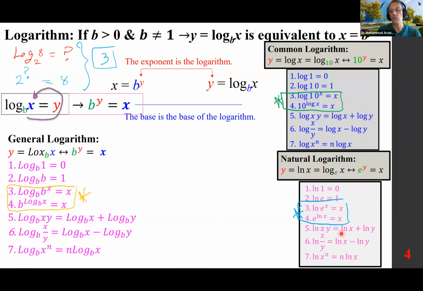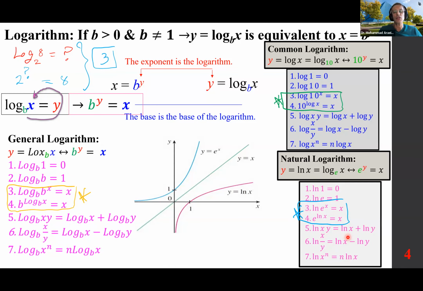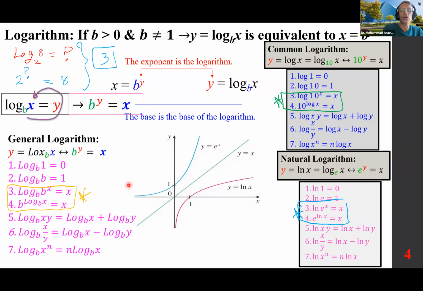This is the product rule, the quotient rule, the power rule, and in each and every one of them, we just use ln. And here's the graph of y equals e to the power of x versus the graph of y equals ln x in the same set of axes. Because they are inverse functions, they must be symmetric with respect to the line y equals x.